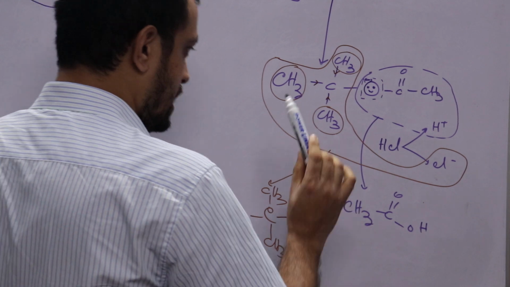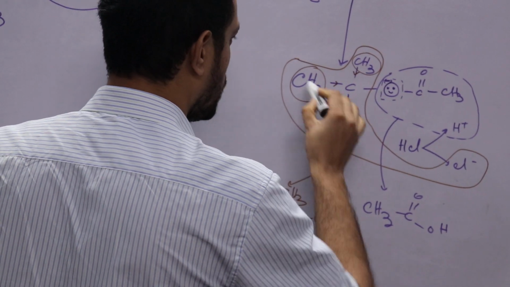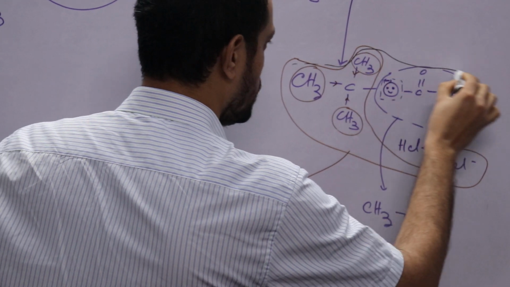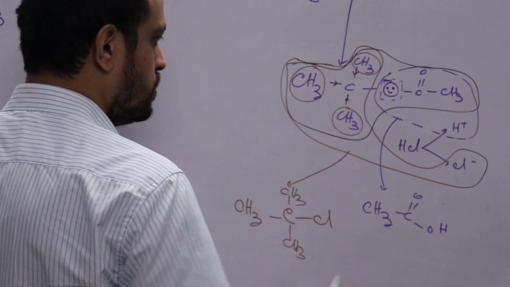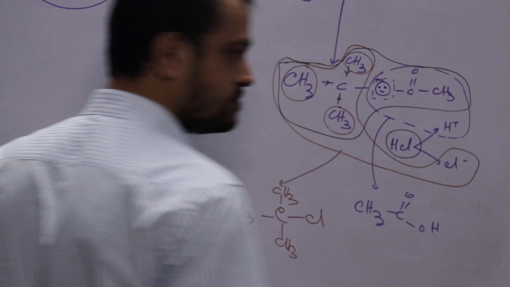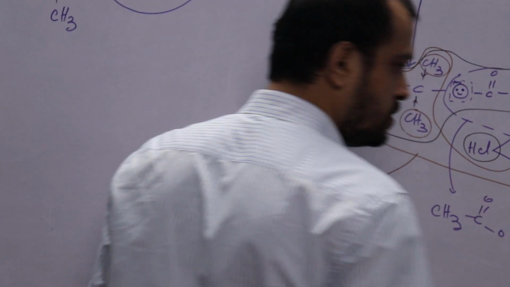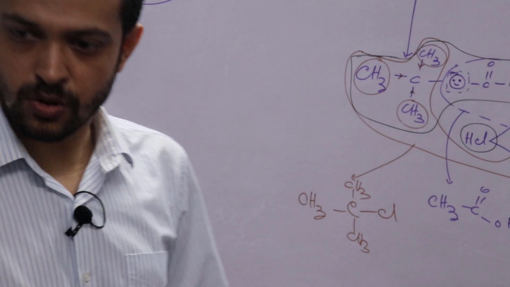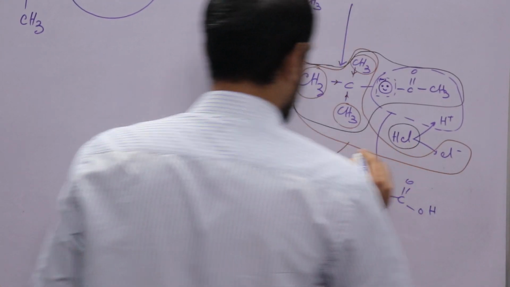Now suppose we want this product at any cost, what we will have to do is neutralize HCl. How can we neutralize HCl? By giving another, what? A weak base.